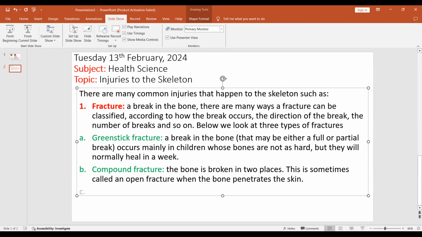Okay, first question, what is a fracture? A break in the bone. Very good. Whose bones are stronger, adults or children? Adults, good. What do we call a fracture in which the bone is exposed?